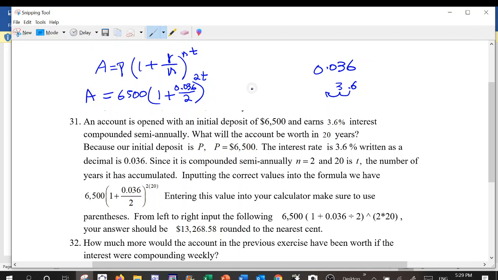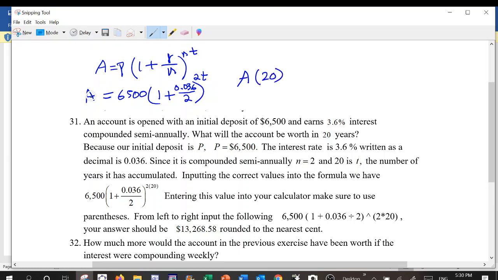Now, it says, what will the account be worth in 20 years? Well, we just have to substitute 20 for t. So the question here that you're asked to solve is, what is A of 20?